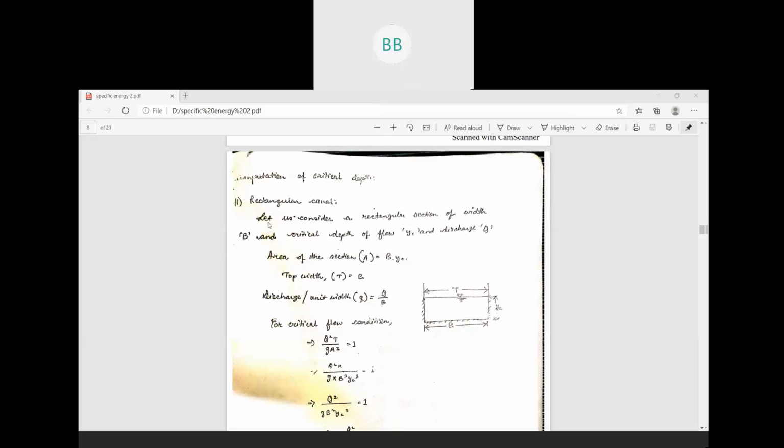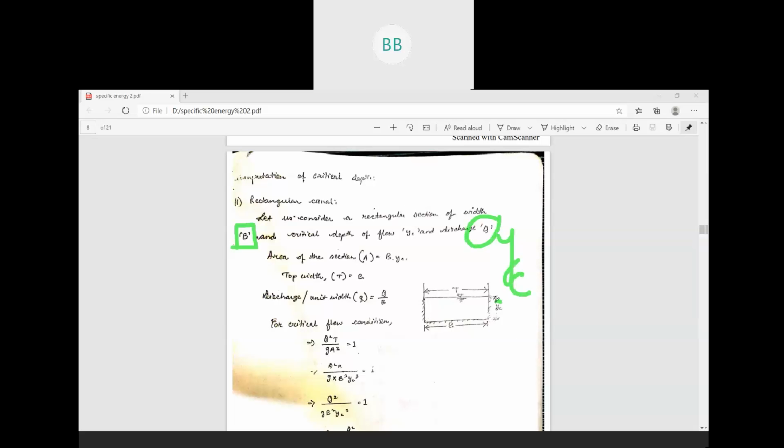So we have considered a rectangular channel. The width of the channel we have considered as capital B, and the critical depth we have considered as YC, for a discharge Q. So this is your rectangular channel.